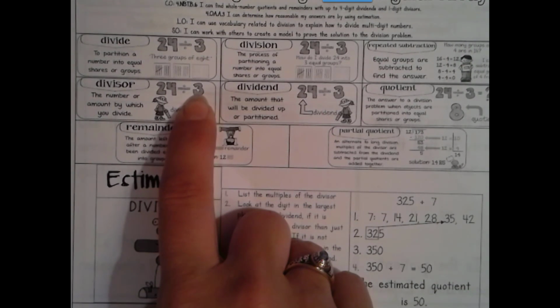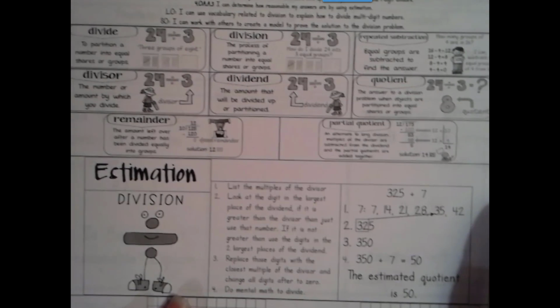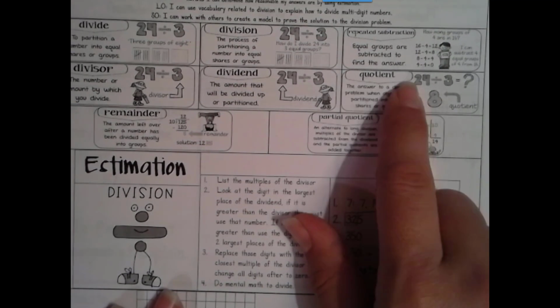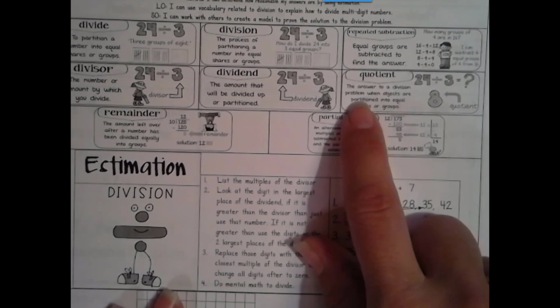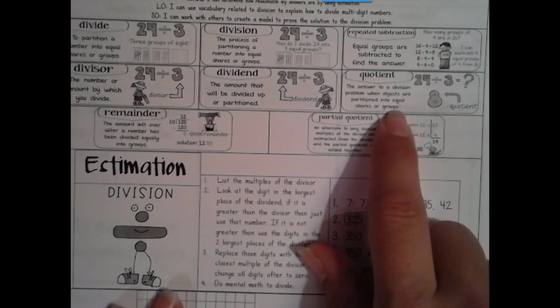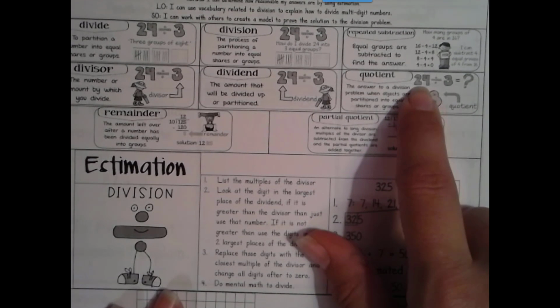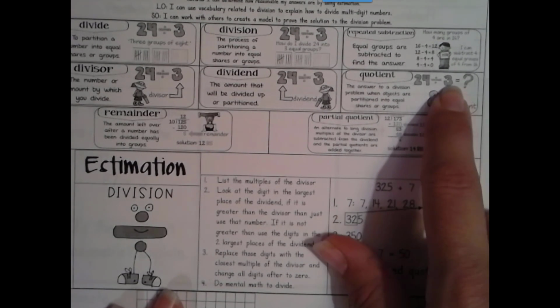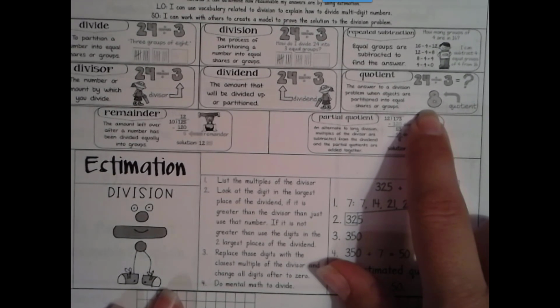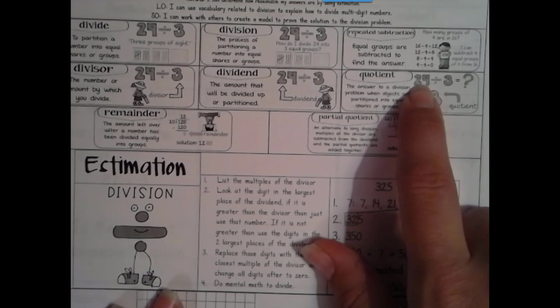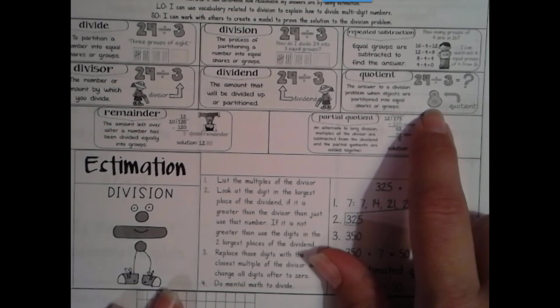Divisor is the amount of groups or what we're going to have in each group. And then the quotient, the answer to a division problem when objects are partitioned into equal shares or groups. So when I have my dividend of 24 and my divisor of 3, I end up with a quotient of 8. 24 divided into groups of 3 leaves 8 groups.